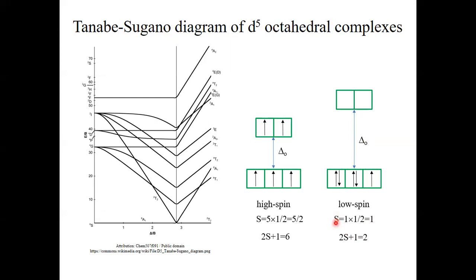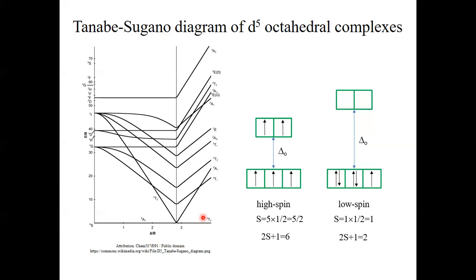Well, the quantum number S is in this case 1 times a half, so this is actually just a half. I'm sorry about this mistake. And then 2 times a half is 1, plus 1, which is equal to 2. So this explains why this is a doublet term here.